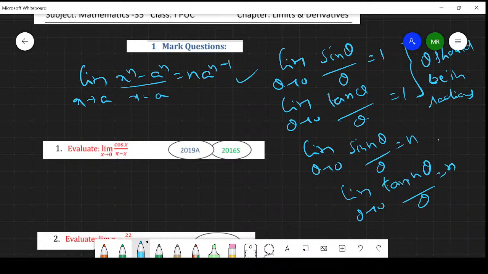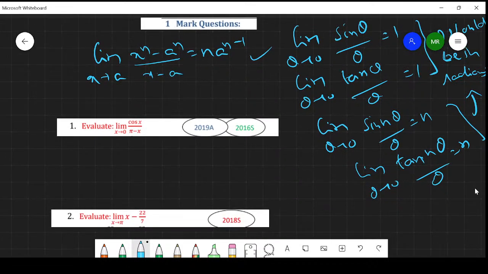In both cases, the same condition applies: theta should be in radians only. Compare here, when n is equal to 1, it comes to the earlier formulas.